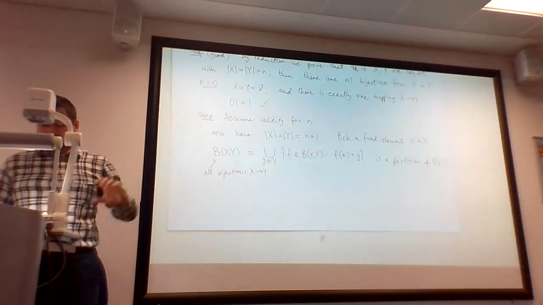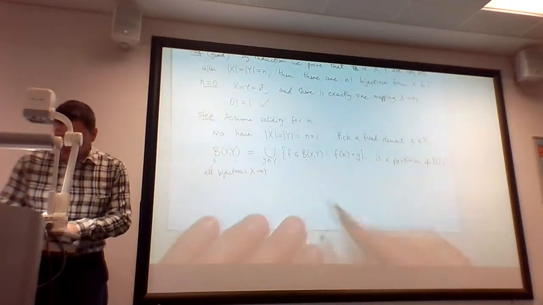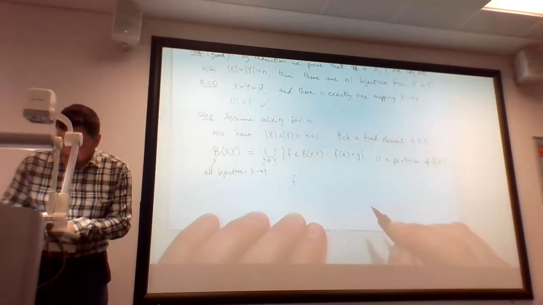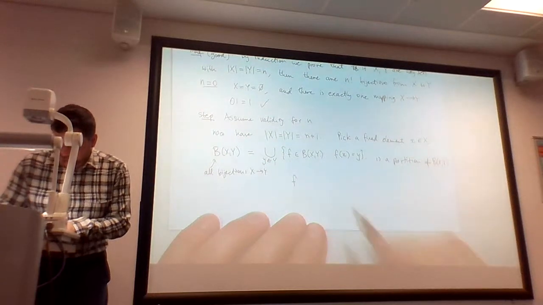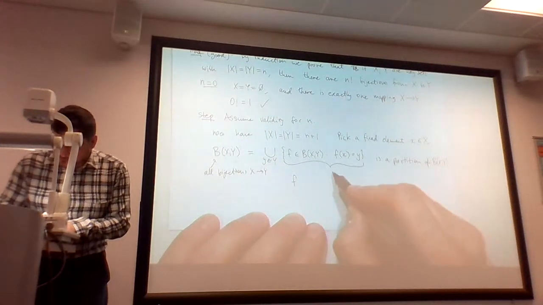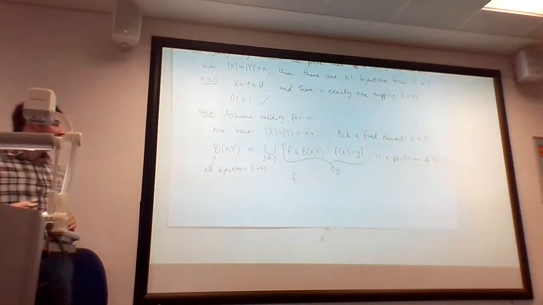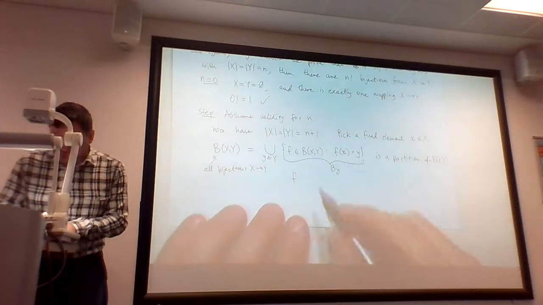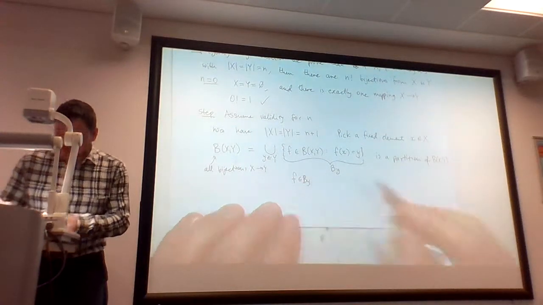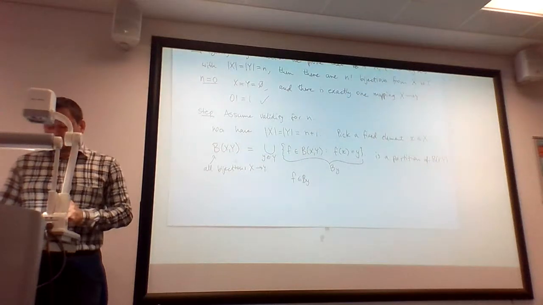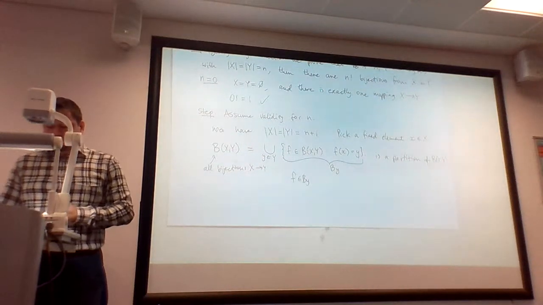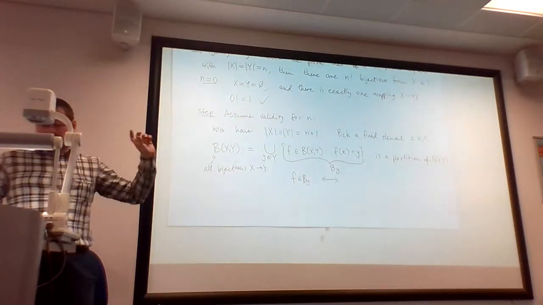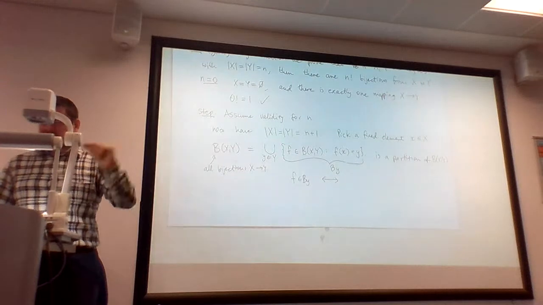And now when you look at all the mappings from x to y, so when you look at f in B_y, I'll call this B_y, so that's a bijection from x to y that maps little x to little y.